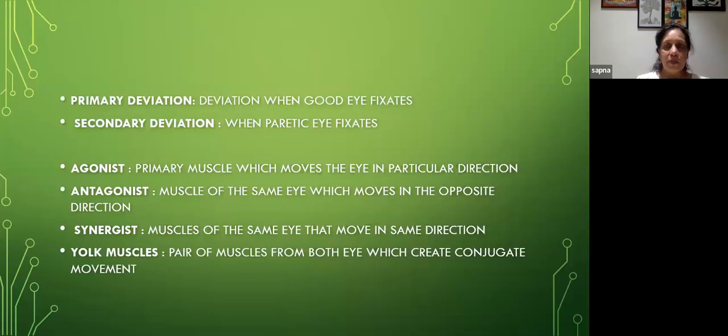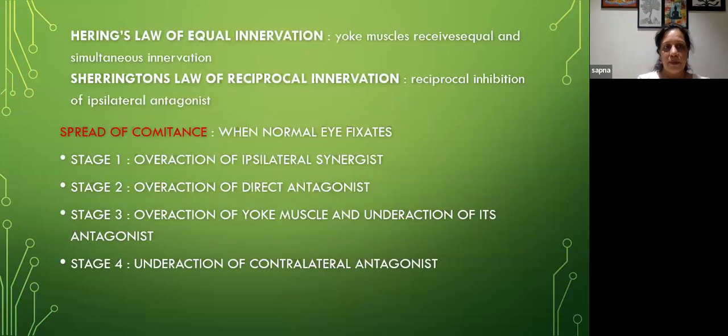Again, here there are many terms which are very confusing and which you need to know, especially in oblique muscles: the agonist, antagonist, synergist, and yoke muscles. Once the paralytic squint develops, there is a spread of comitants. In stage 1, there is an overaction of the ipsilateral synergist.